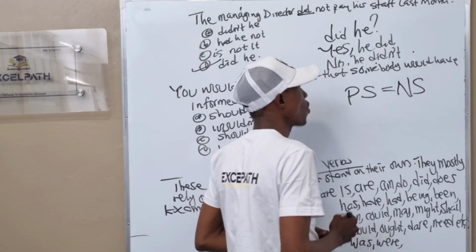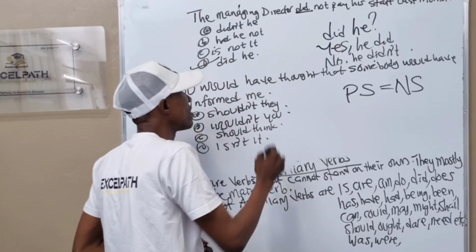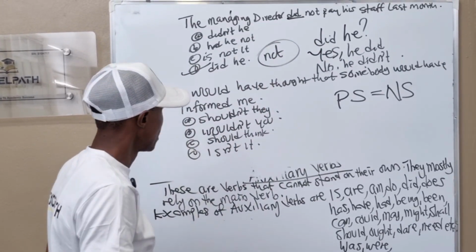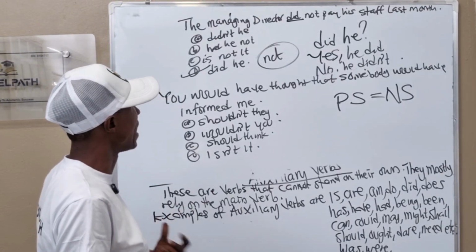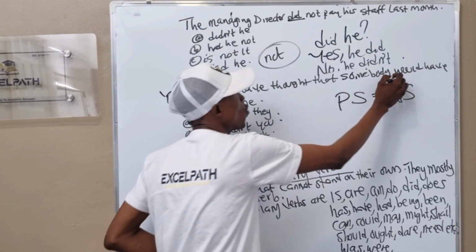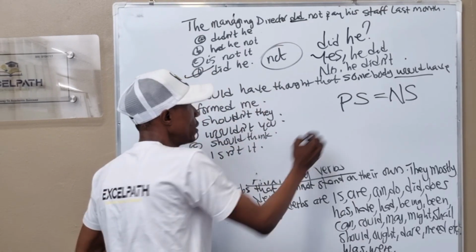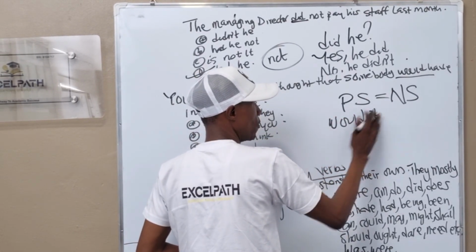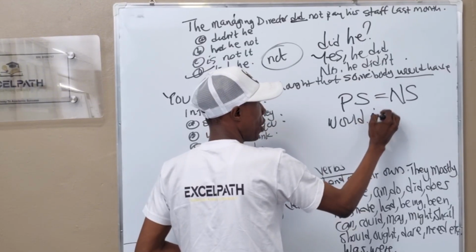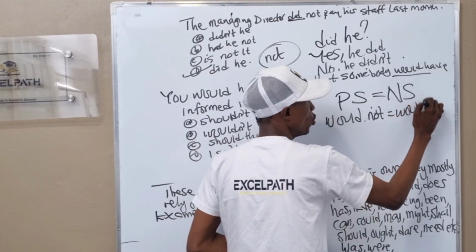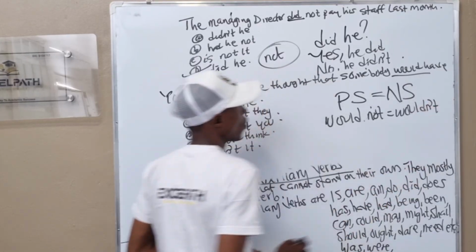And if it goes with a negative answer, it means it must have "not". Now, the auxiliary verb being used in this question is "would". So this "would" will be joined to your "not", and it changes to "wouldn't".